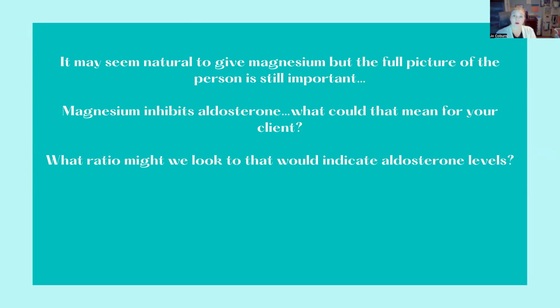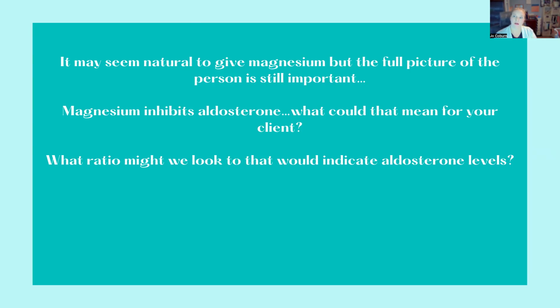I've had clients where you want magnesium to make them calm, but it actually stirred up some anxiety in them, and it just didn't have the effect you wanted. And this is where you have to think, what if they were already low in magnesium?